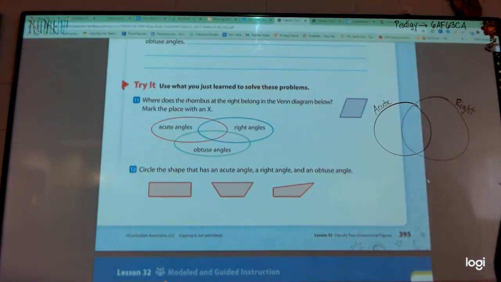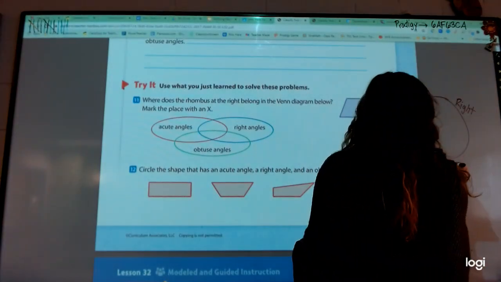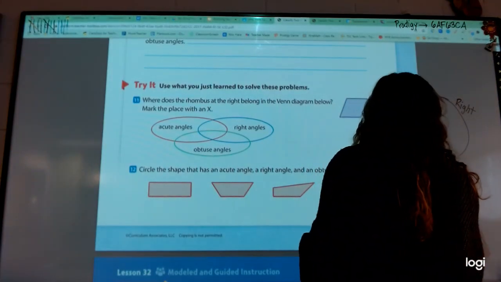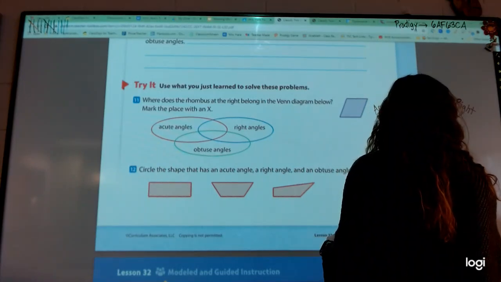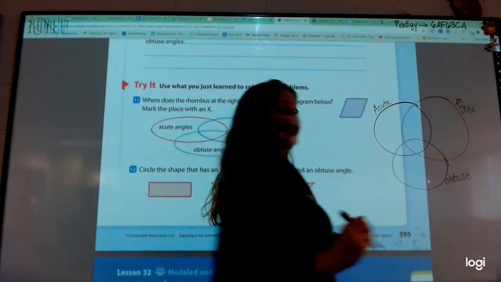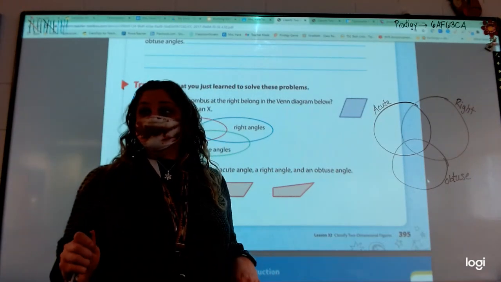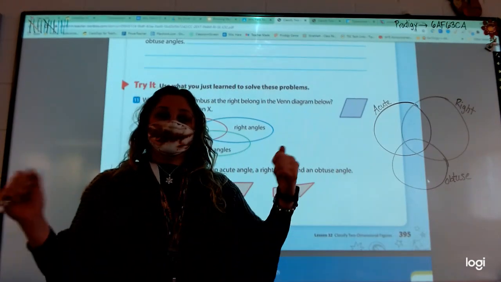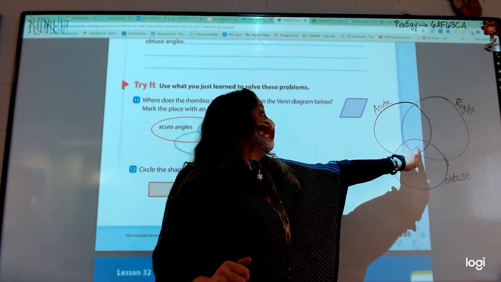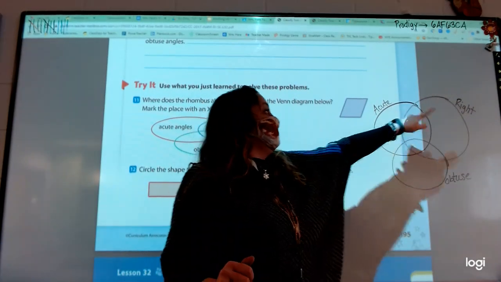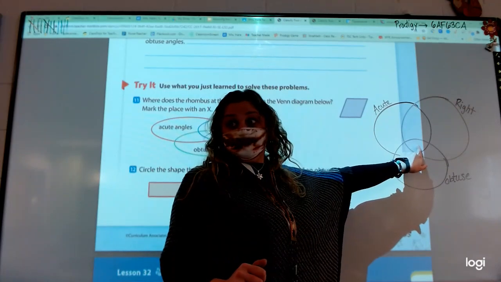but we also want to compare against obtuse. I can add another circle. Now look how this works, okay? Everyone, eyes should be up here. I just asked for eyes and I've already lost eyes. The only things that go right here are things that have acute, right, and obtuse angles.